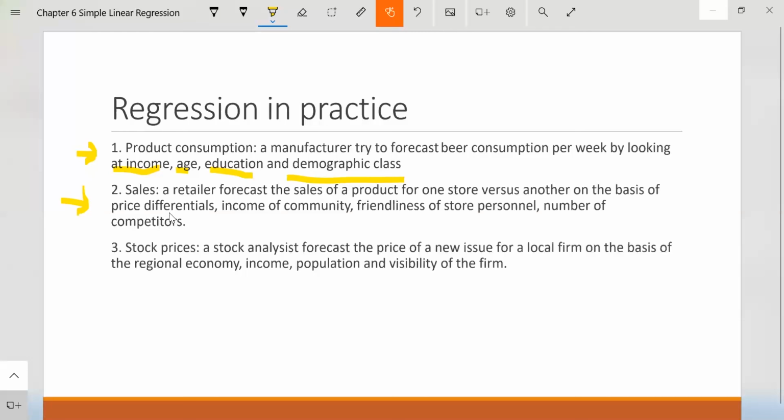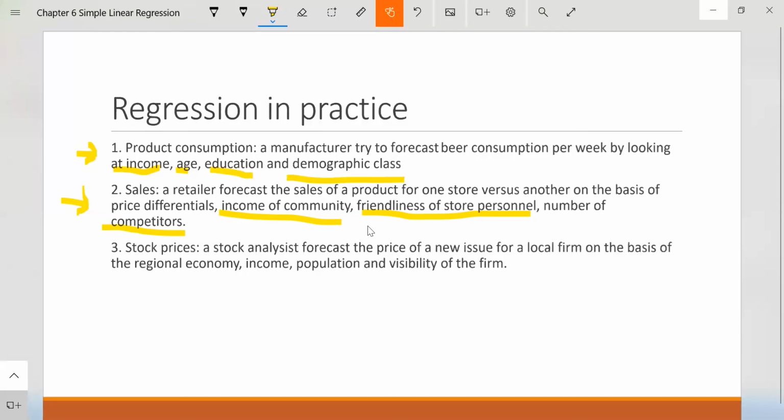However, you also want to control for income of the community, the store staff, because that sometimes matters, and also maybe competitors as well as other factors. And when I say control for, what I mean really is to also include these factors in your analysis.